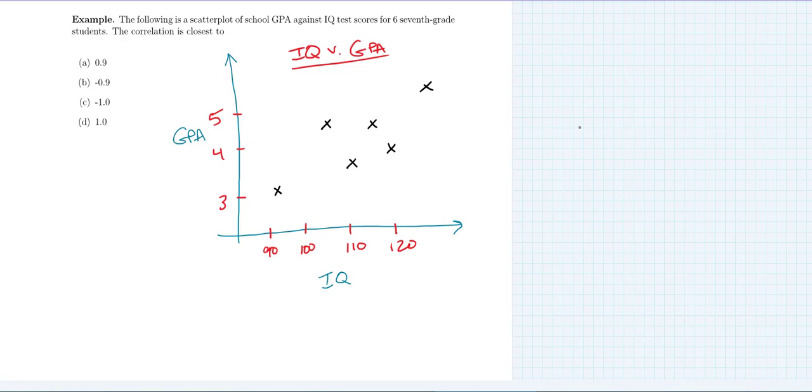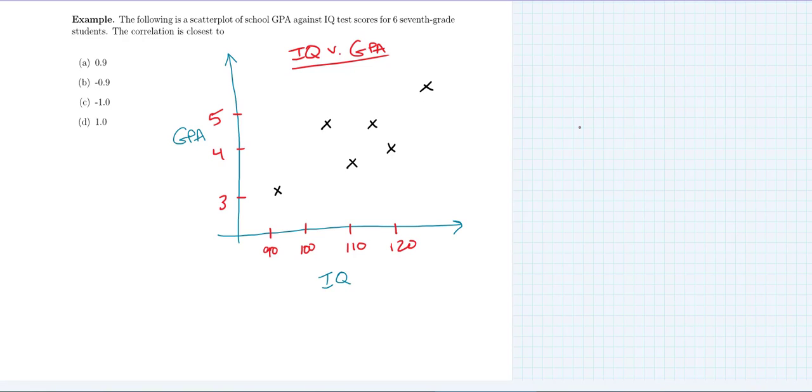Okay, and here we don't have a hypothesis of whether IQ influences GPA. We could have switched IQ and GPA and also studied the scatter plot that way. Here we just want to see what the correlation is between the two, what the form is between the two, what type of relationship we have going on here, okay?